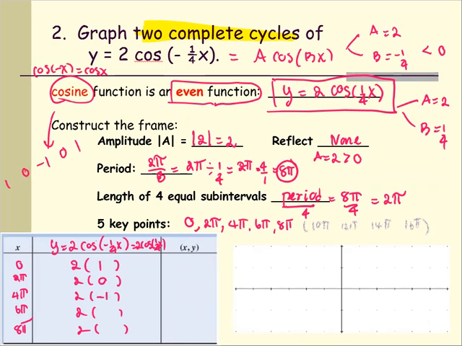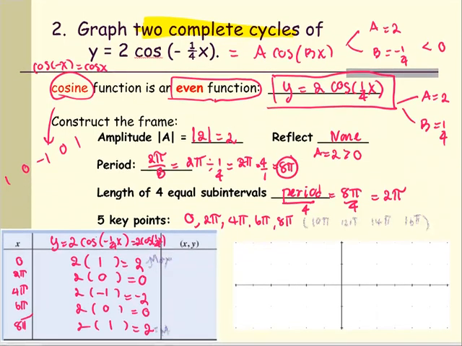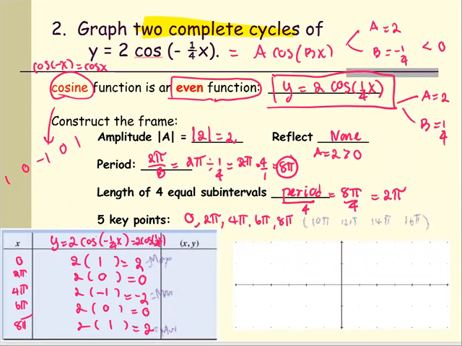It turns out to be 2 here, 0 here, negative 2, 0, and positive 2. We get the maximum equals 2, the minimum is negative 2. In ordered pair form: 0, 2; 2 pi, 0; 4 pi, negative 2; 6 pi, 0; and the last one, 8 pi, 2.